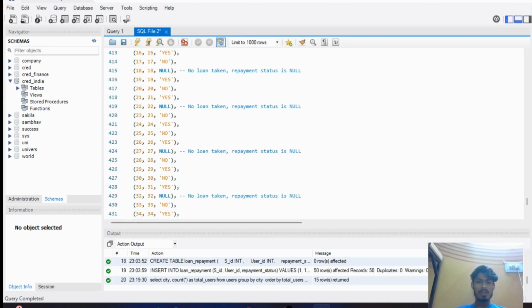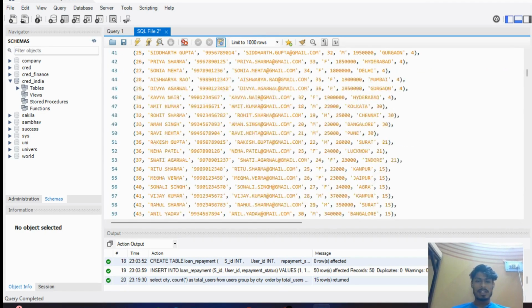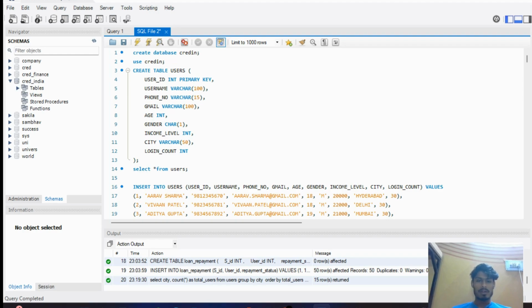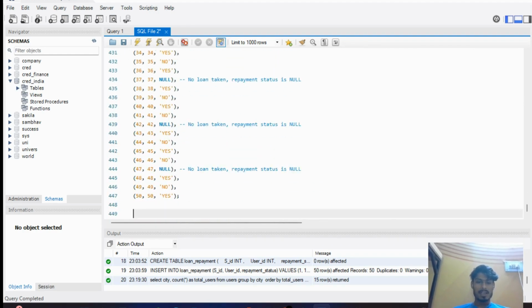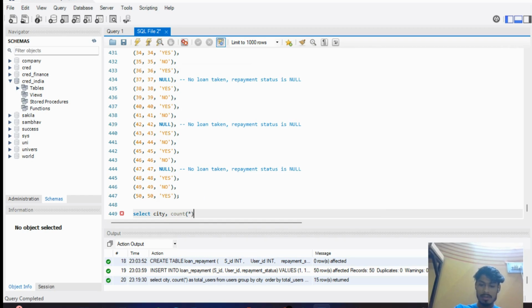So this is our MySQL, where we have already put the data in the database called credit. So let's start and run the query. First of all, we start with select city, then count, which shows the total number of users, as users.